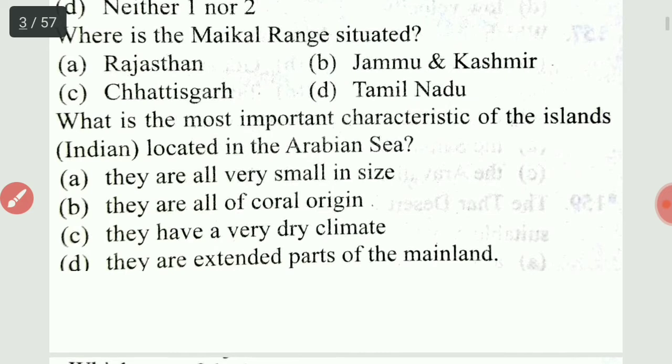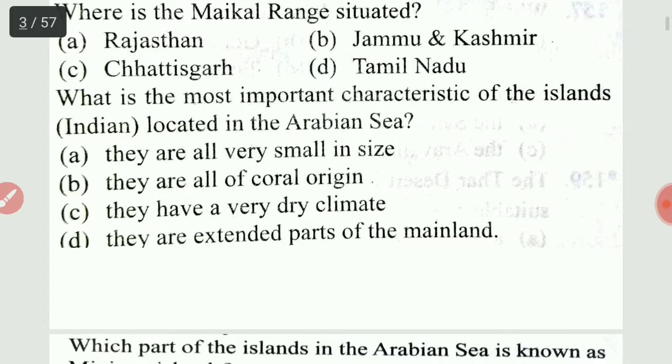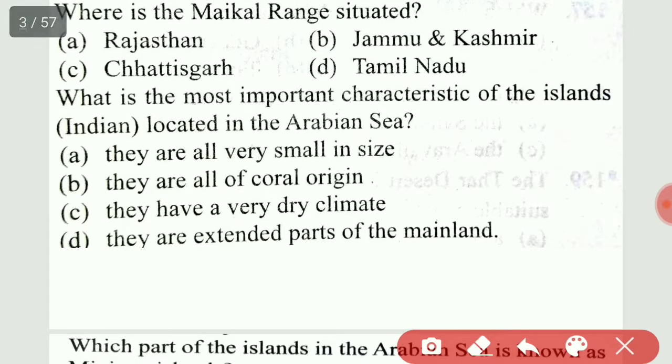Next question. What is the most important characteristic of the islands located in the Arabian Sea? That's an Indian island located in the Arabian Sea. Most important characteristic is option B. They are all of coral origin.